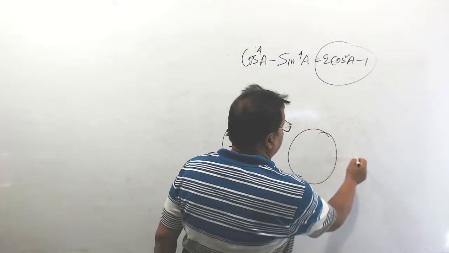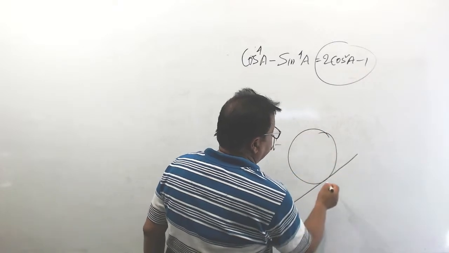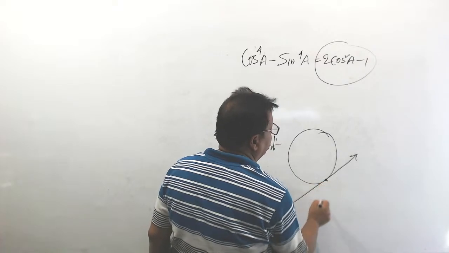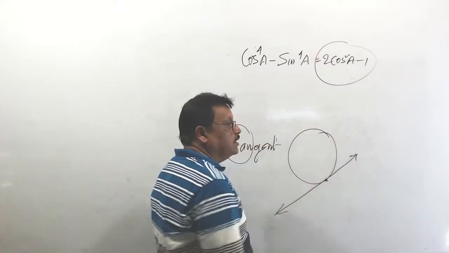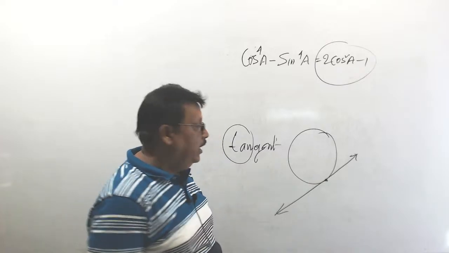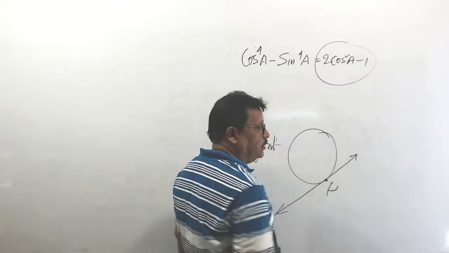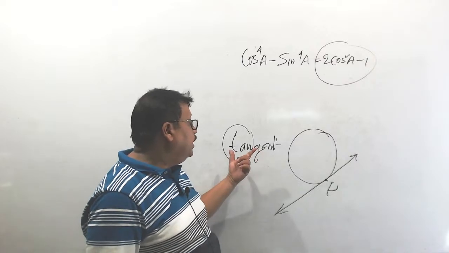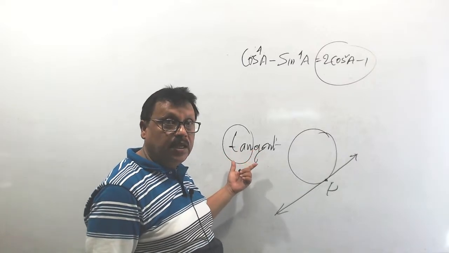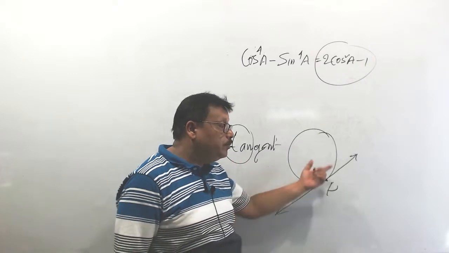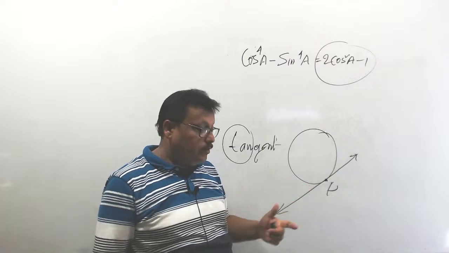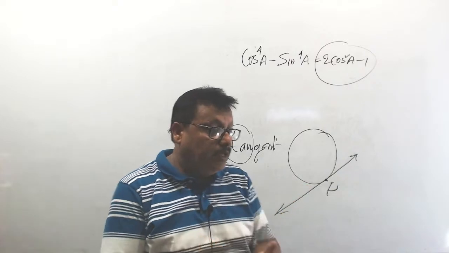It is a circle, here a line. That means this line is a tangent to this point with the circle. And the point P is called the tangent point. So in the term tan, that is tangent, there are a lot of things behind. Understood? Okay.